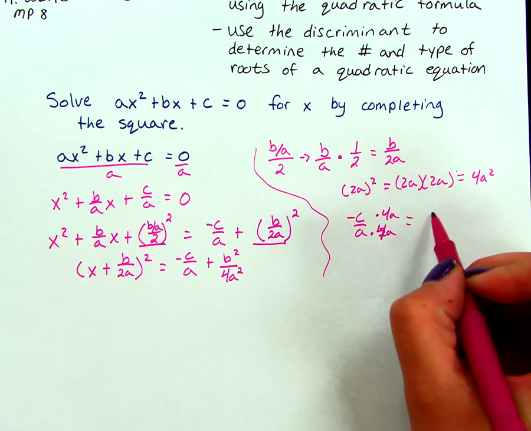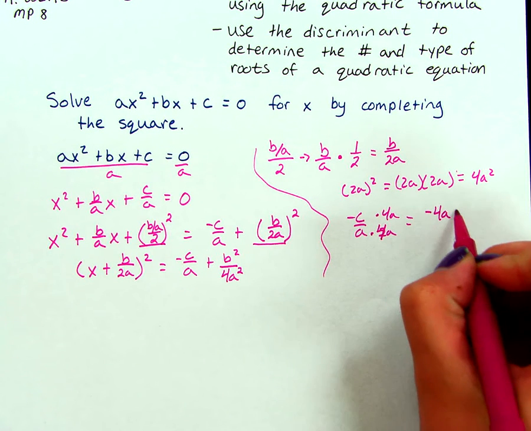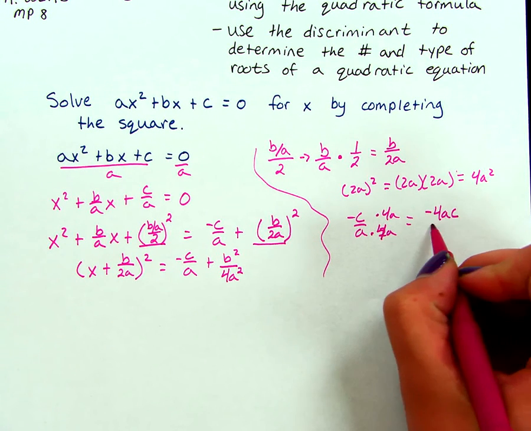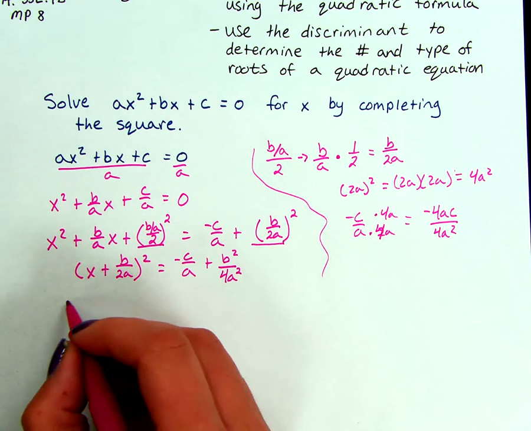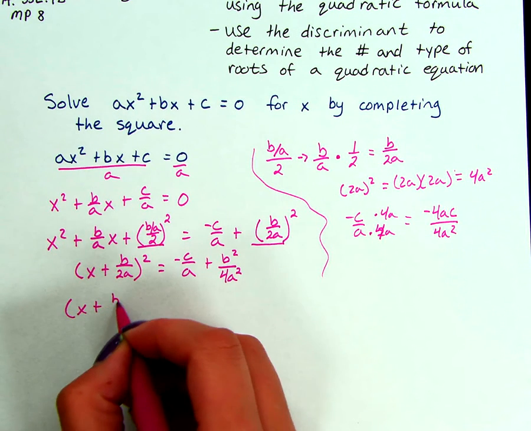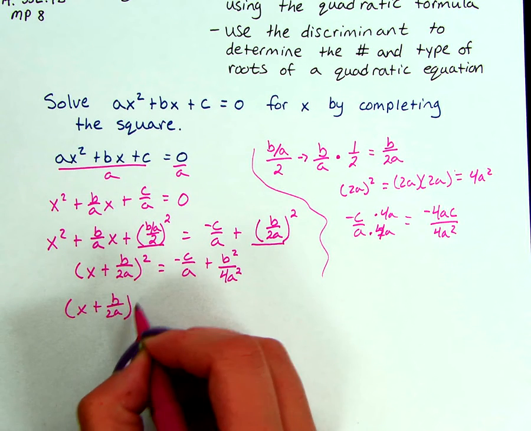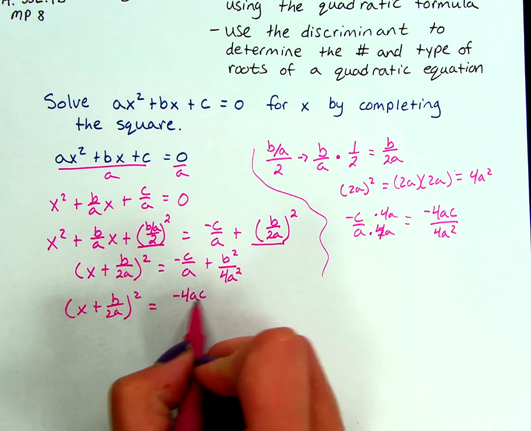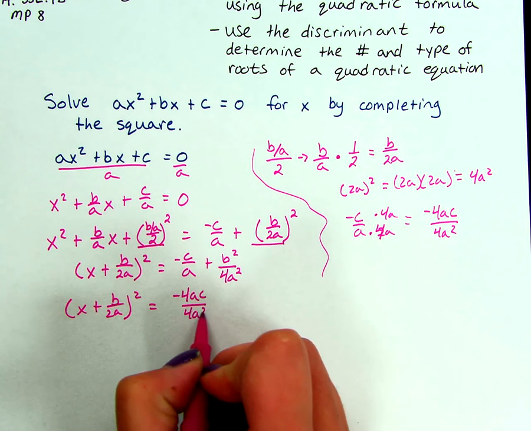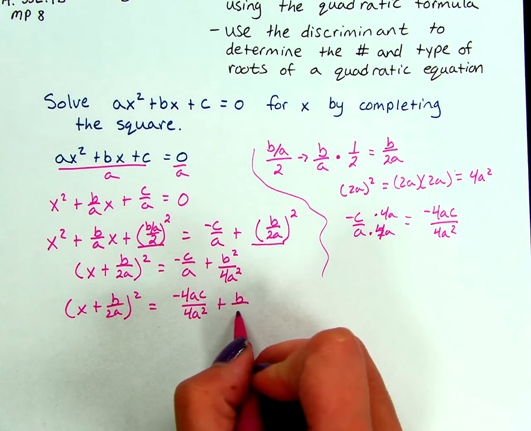So that will give me negative 4a times c, so I'm just going to put it in alphabetical order, over 4a squared. So now I have x plus b divided by 2 times a squared equals negative 4ac over 4a squared plus b squared over 4 times a squared.